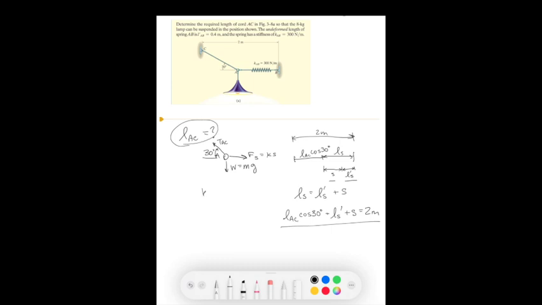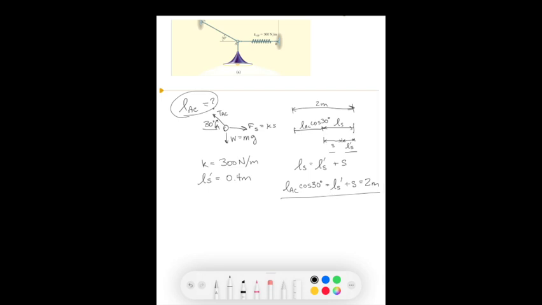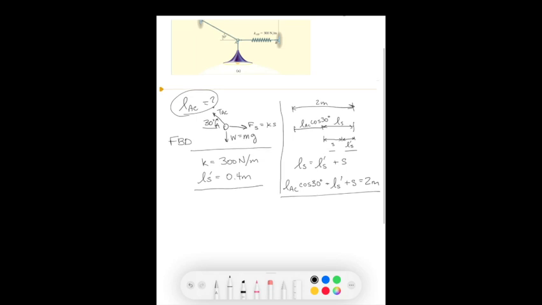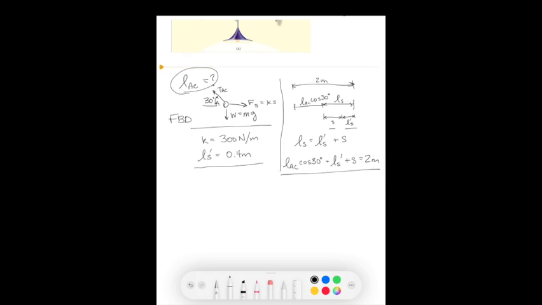We also know that the spring constant K is equal to 300 newtons per meter, and we're told that the unstretched length of the spring is 0.4 meters. Okay, so now that we've made our free body diagram, we've written down our known constants, and we've put together our equations, the next thing we need to do is our equations of equilibrium.